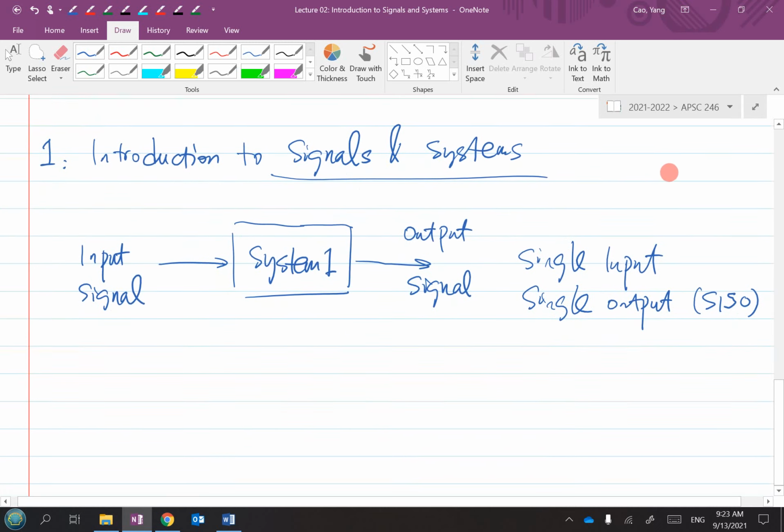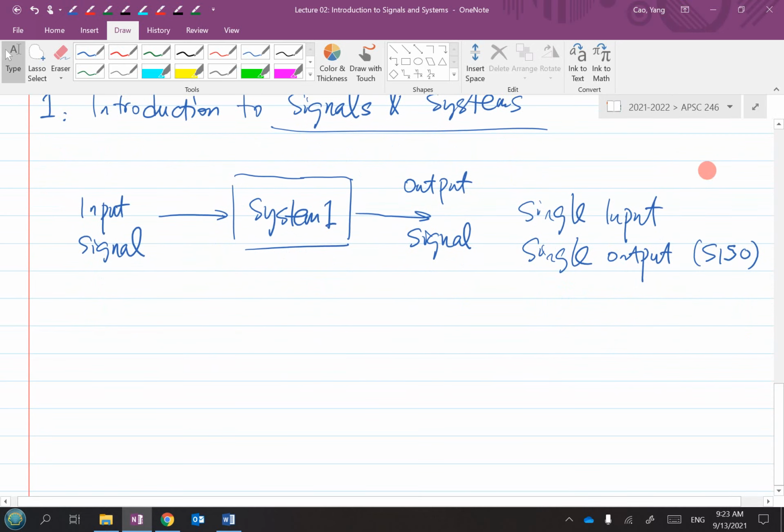When you start learning control systems, or the basic concepts, we usually start with a single-input single-output, SISO, system.